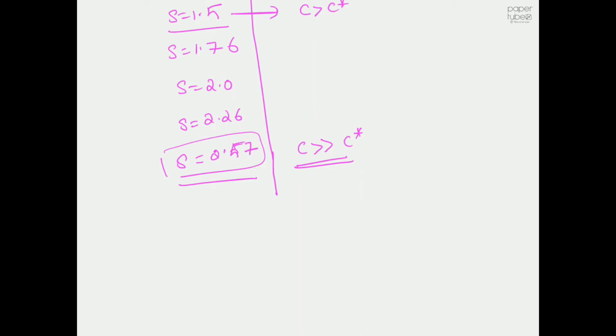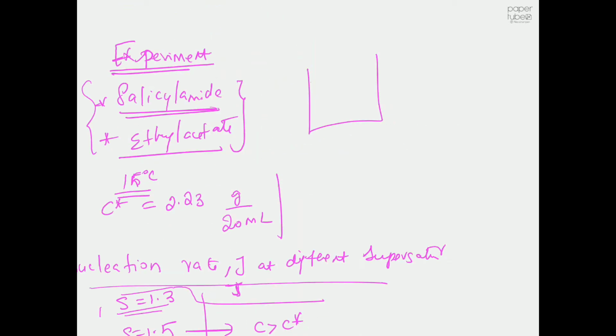Because if you have a solution which is higher than your solubility limit, then the molecules are more likely to come together. If the supersaturation is higher, more and more molecules will come together and eventually settle into stable nuclei. Say this is 5 nuclei per unit volume per minute.